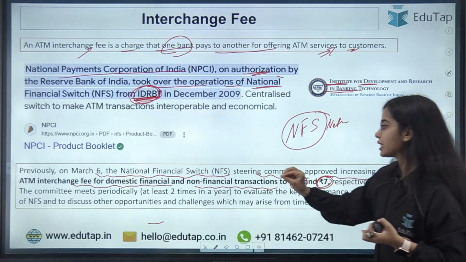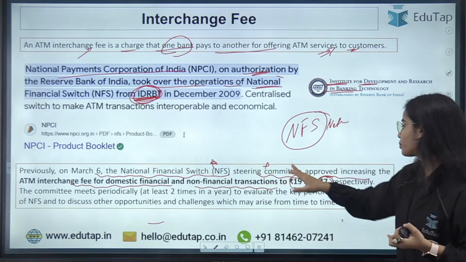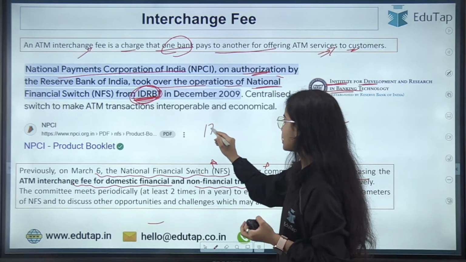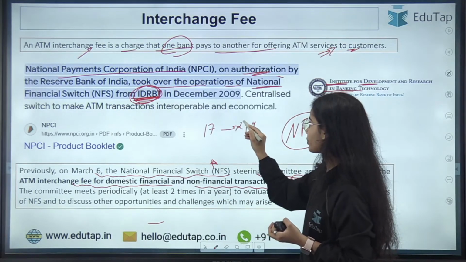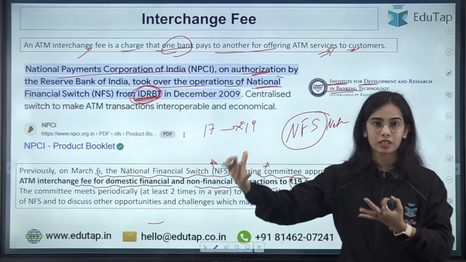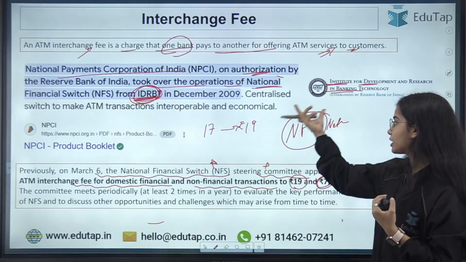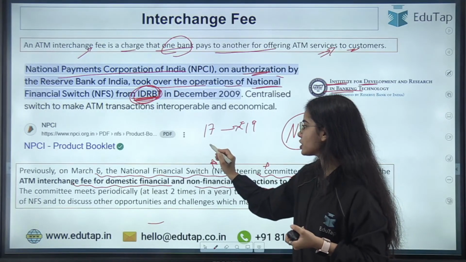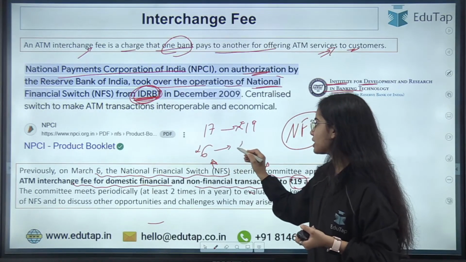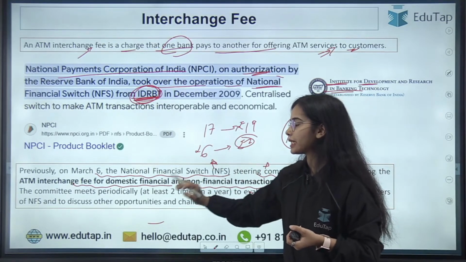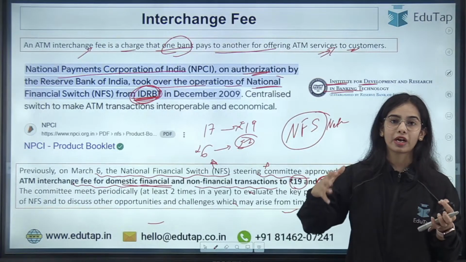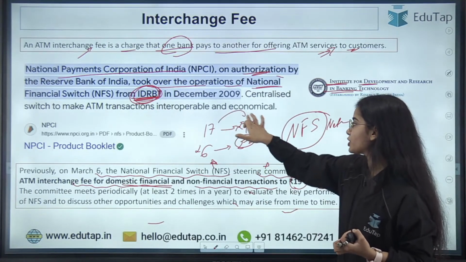So the NFS Steering Committee approved increasing the ATM interchange fee from 17 rupees to 19 rupees for all the financial transactions under this NFS network, and for non-financial transactions, from rupees 6 to rupees 7. Okay, so NFS said that for all the domestic financial transactions, the limit should be increased to rupees 19.